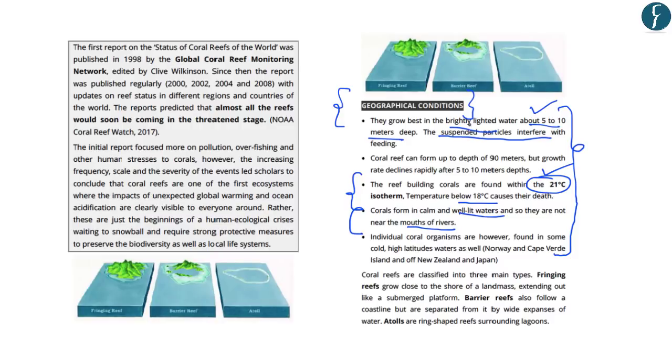That is why they are found in the coastal areas of major continents, as fringing reefs, barrier reefs, and atolls. And since the ideal temperature required is 21 degrees Celsius, the majority of coral reefs are distributed in the tropical areas where such kind of water is found in the oceans and the seas.